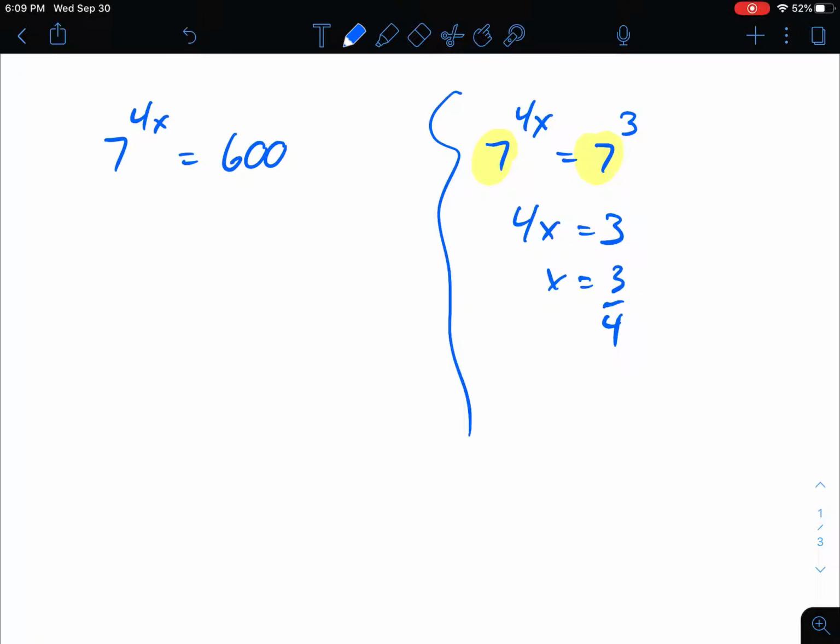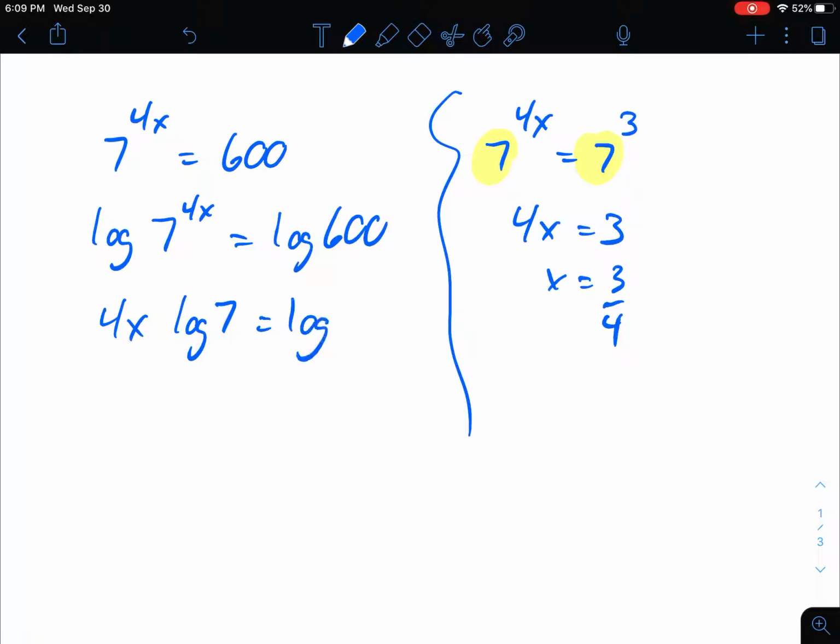So again, I'm going to take the log on both sides. So log of 7 to the exponent 4x equals log 600. And the next thing I would do is the 4x comes down, and we end up with 4x log 7 equals log 600. And then I would divide both sides by the log 7.